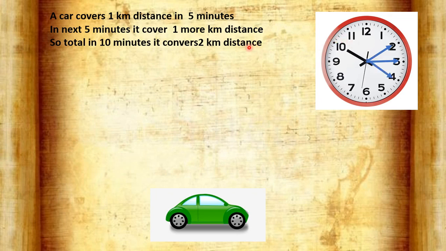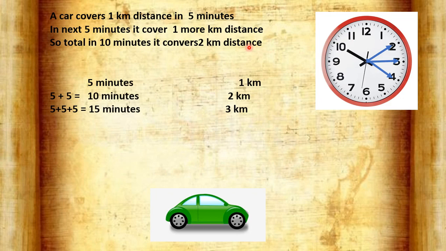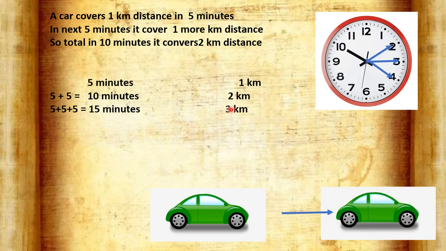In the same way, when we proceed, we get that this car covers 1 kilometer in 5 minutes. In 10 minutes, its total distance covered is 2 kilometers. In 15 minutes, the total distance covered is 3 kilometers.